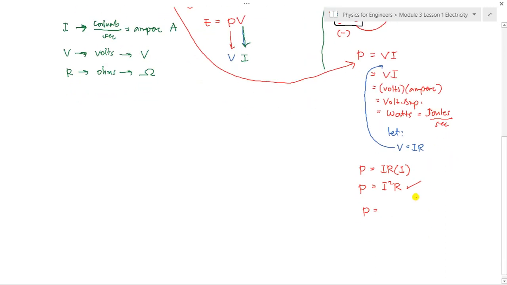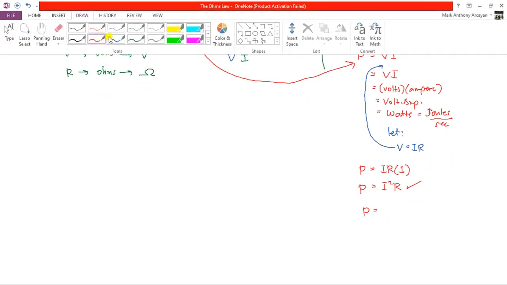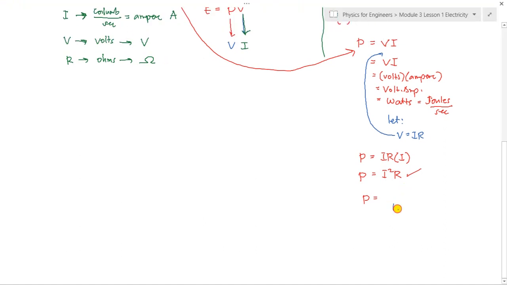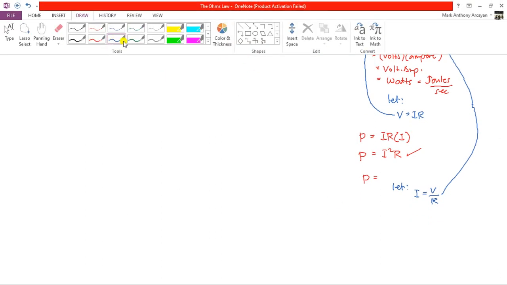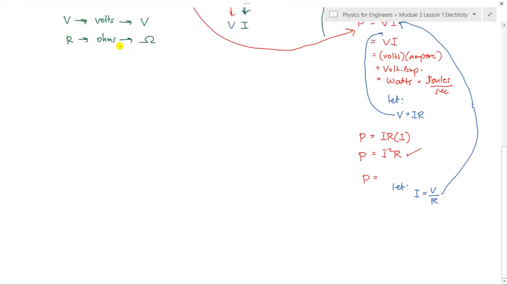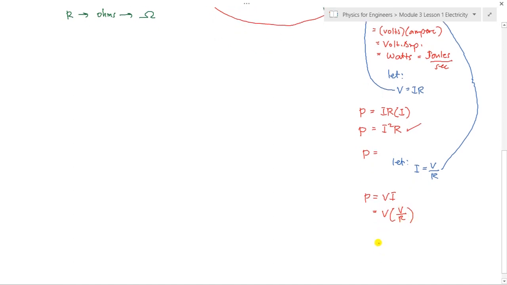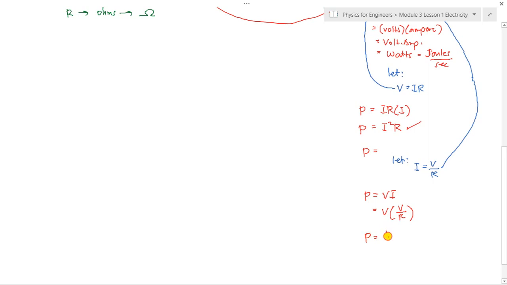Now we let the current be equal to voltage over the resistance, and plug it in so that we have the third form of our formula for power. Power is equal to V times I, and we have I here, so that is V multiplied by V over R. So the power is V squared all over R.